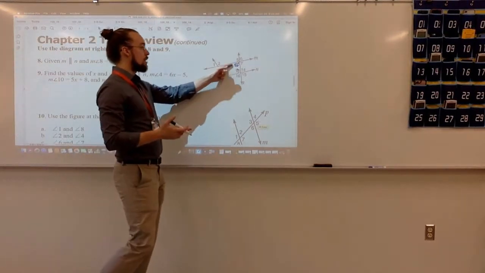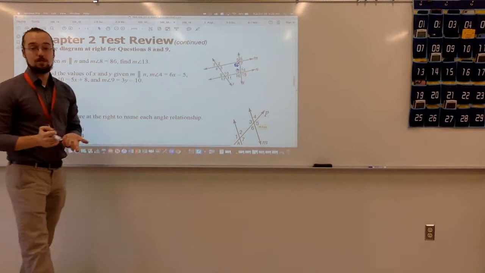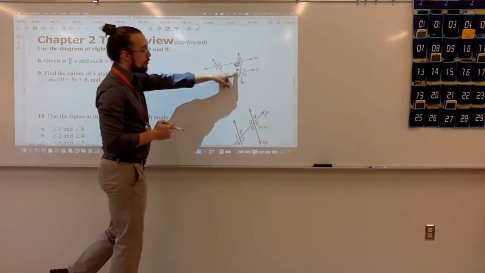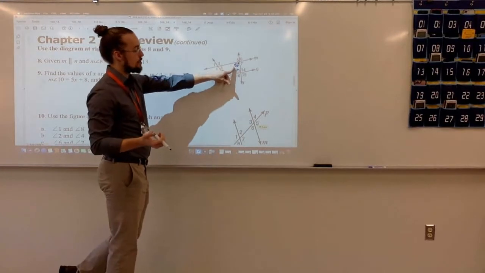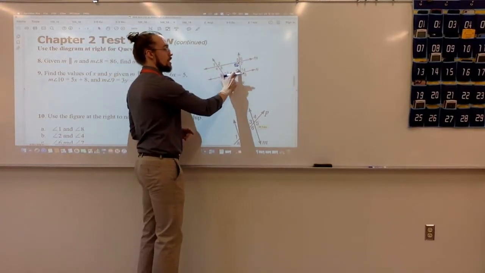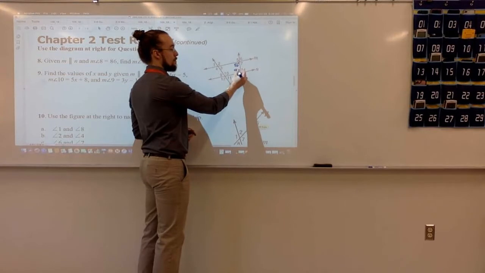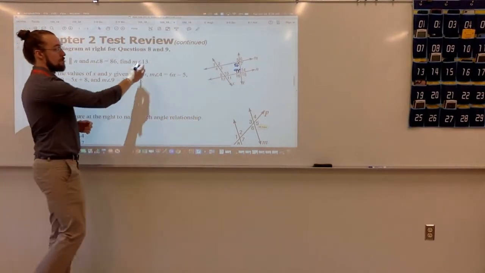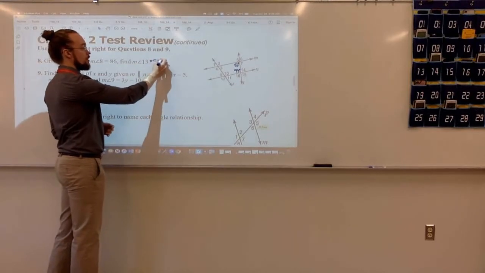And we said consecutive interior angles are always supplementary. They add to 180. So if I want the measure of this angle, I would just take 180 minus 86 and get that this angle is 94. Okay, so that's the answer for number 8. Angle 13 is 94 degrees.